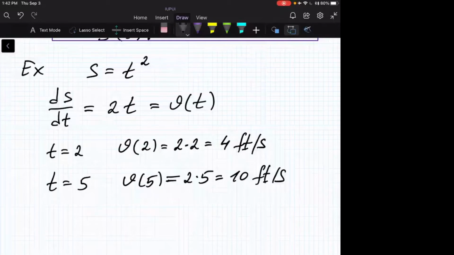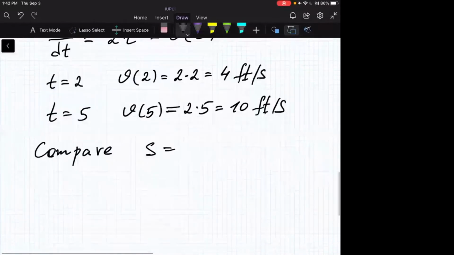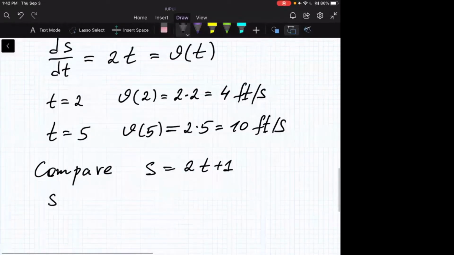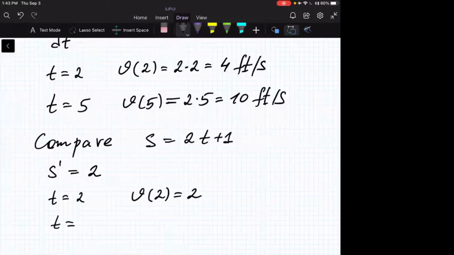So again, compare with the linear equation, s equals, for example, that's what we started with, 2t plus 1. The derivative of s, again, you can calculate and see that it is just 2. So that means that at t equals 2, my velocity is just 2 because it doesn't depend on t.